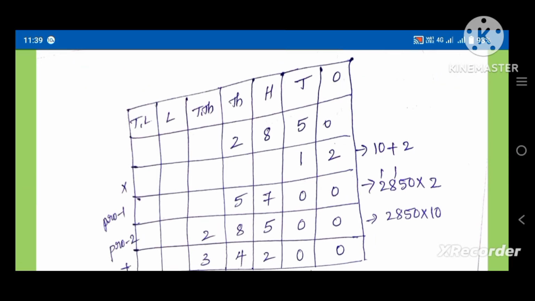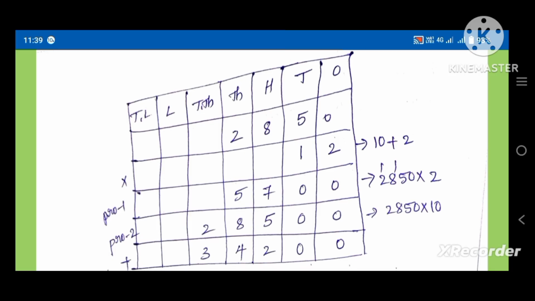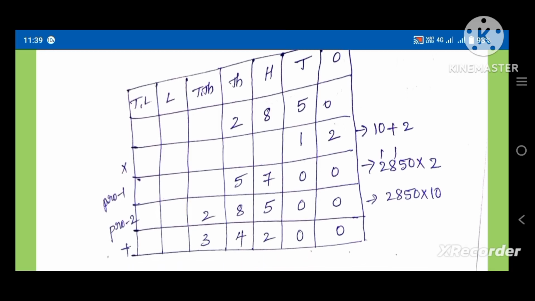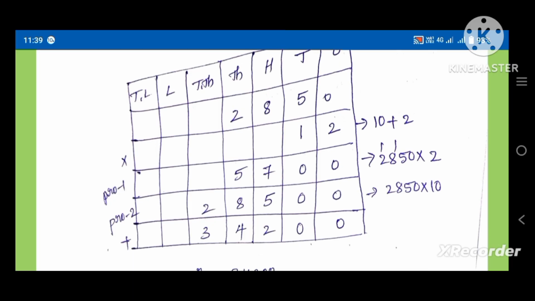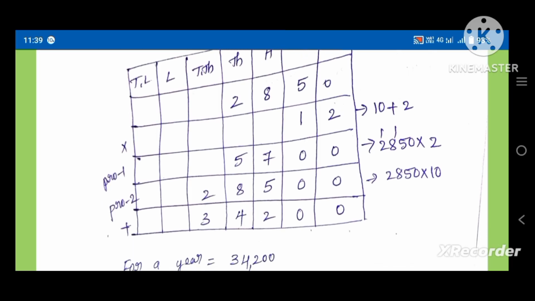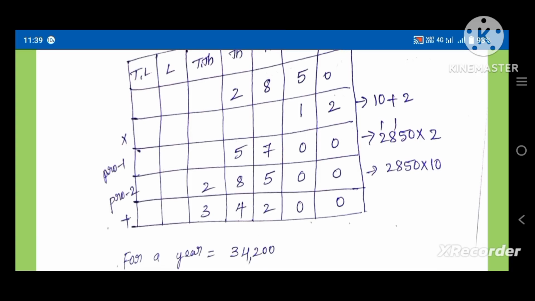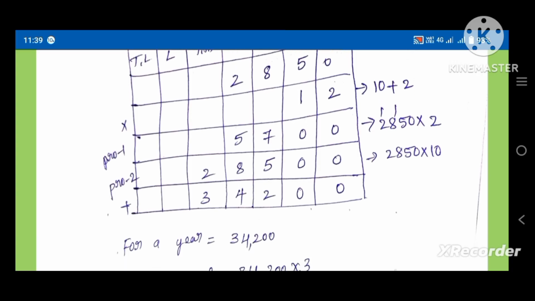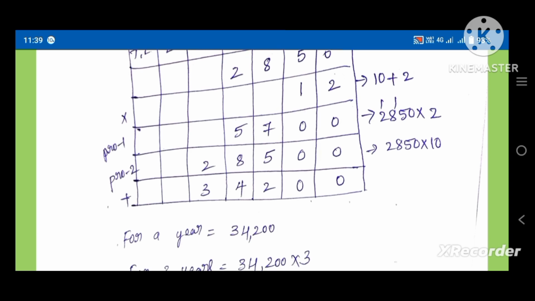Ones place 0, tens place 5, hundreds place 8, thousands place 2, multiply by 12. 12 means 10 plus 2. First product is 5,700. Second product is 28,500. Add the two products. 34,200. For a year, 34,200.